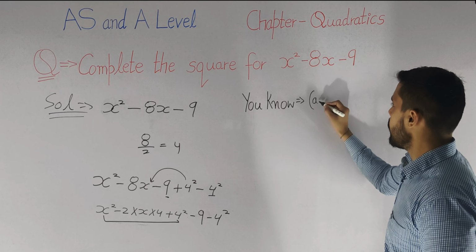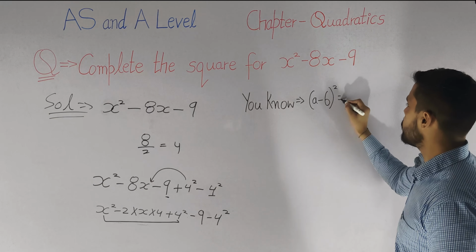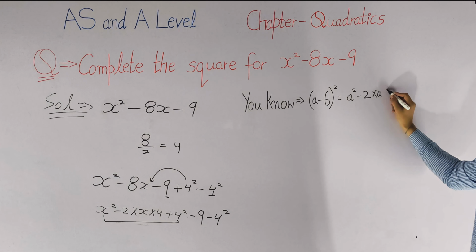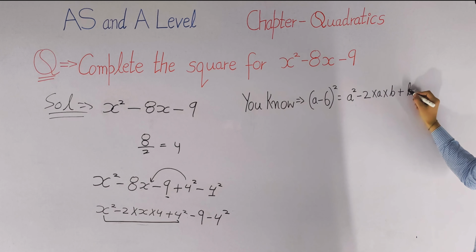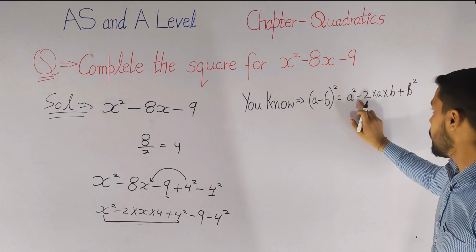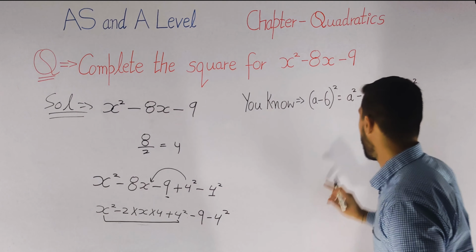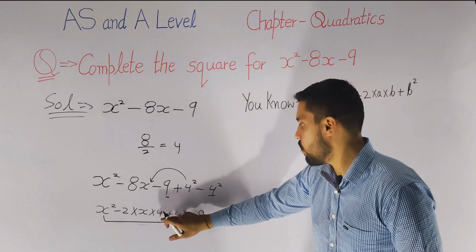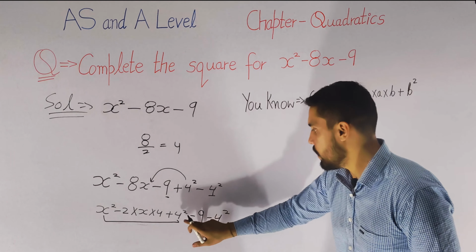Here in this expression I can say that this is the identity (a negative b) whole square. You know (a negative b) whole square is equal to a square negative 2 into a into b plus b square. Here you have a, here you have x, and here you have b, here you have 4.